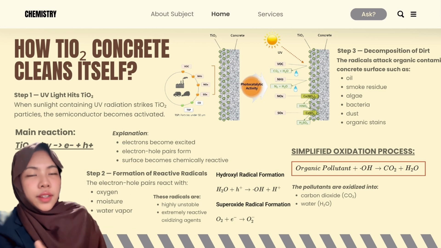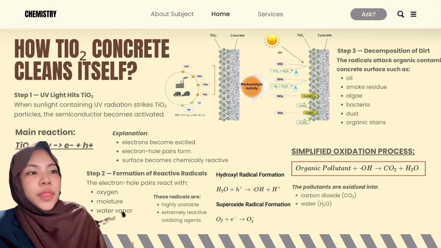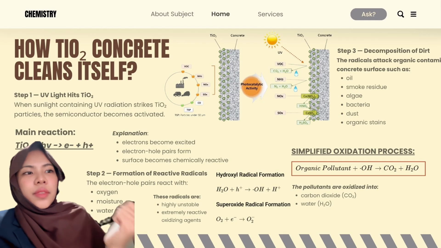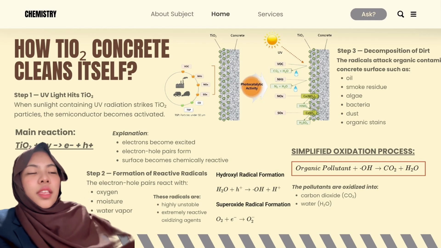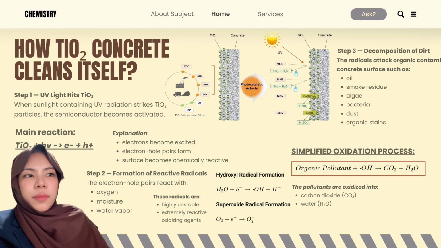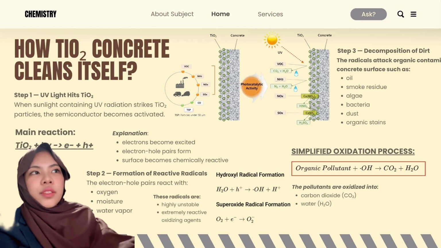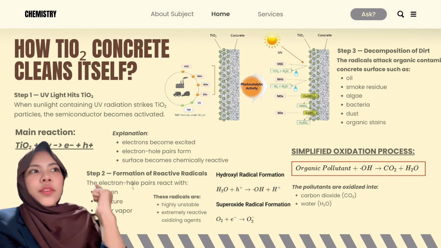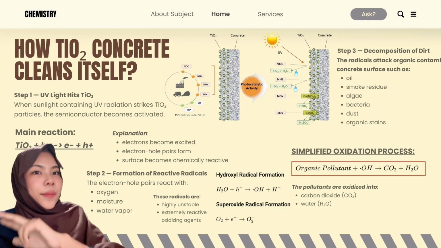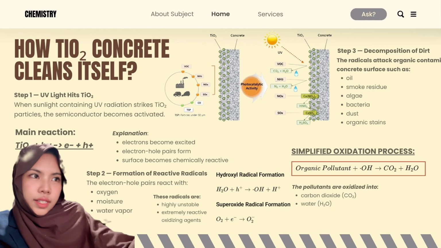The electron-hole pairs react with oxygen, moisture, and water vapor. These radicals are highly unstable and extremely reactive oxidizing agents, forming hydroxyl radicals and superoxide radicals. Step 3 is decomposition of dirt. The radicals attack organic contaminants on the concrete surface such as oil, smoke residue, algae, bacteria, dust, and organic stains. Then we simplify the oxidation process.